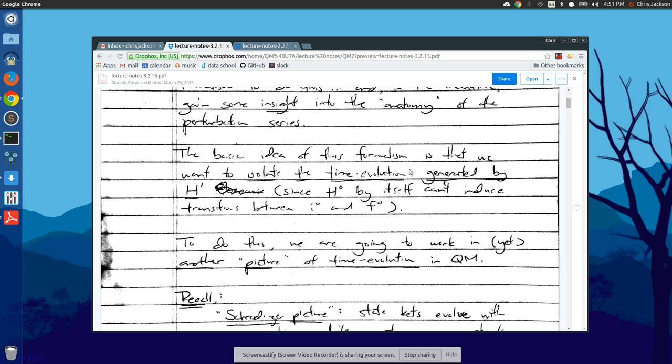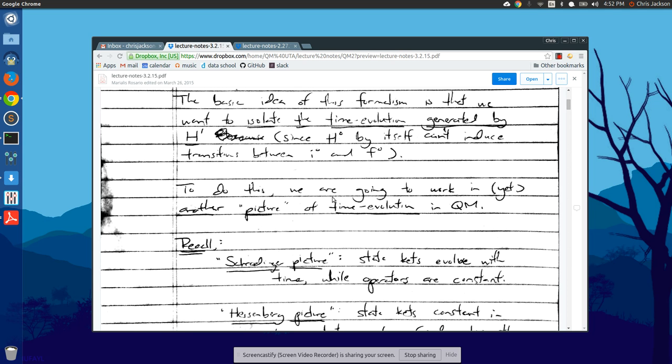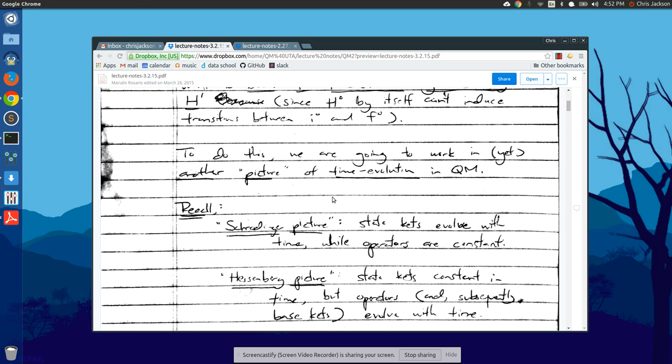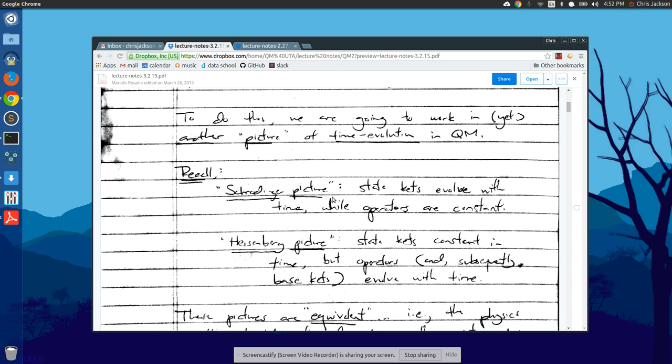And since we know that the time dependence coming from H naught isn't going to cause any transitions, we would like to work in a picture where we can just focus on the time dependence coming from the perturbation and forget about the time dependence coming from the unperturbed Hamiltonian. All right, so to do this, we're going to have to introduce another picture of time evolution.